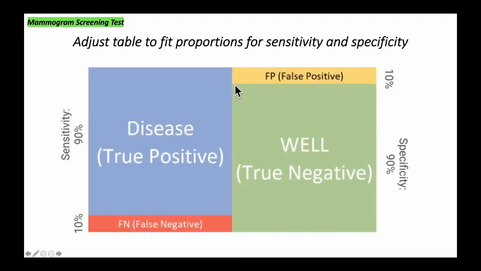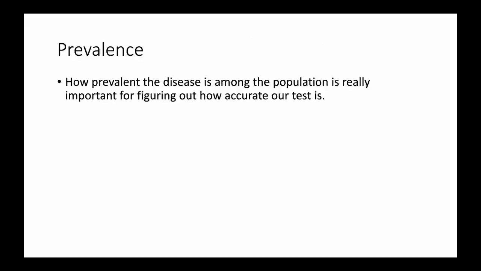Now, in this model there are three lines: one line, two lines, and there's a third line in the middle. We're going to play with this line in just a second as we deal with prevalence and how prevalent the disease is.